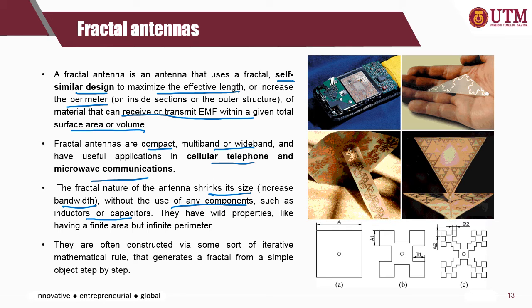Okay, look at some applications of the fractal antennas. You can see this is a fractal antenna used inside a mobile phone, in which it can have multi-band and wideband applications.